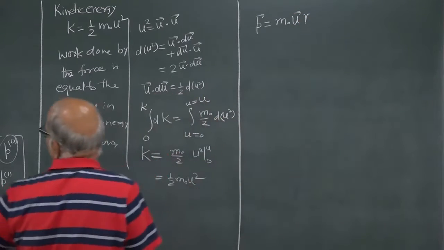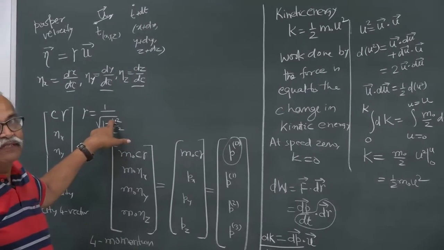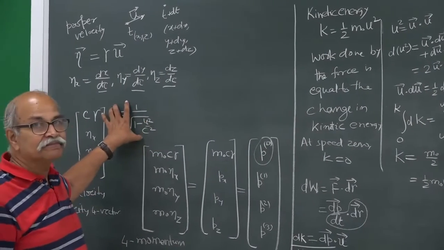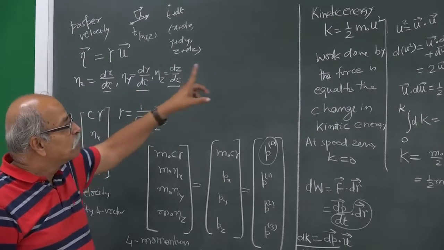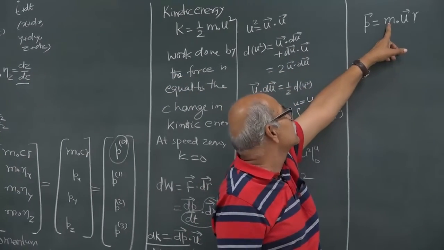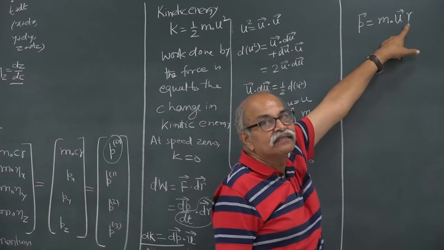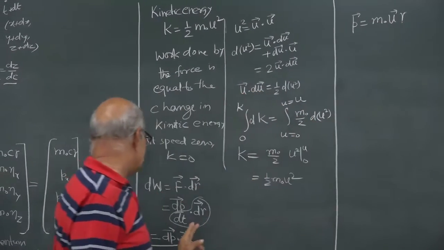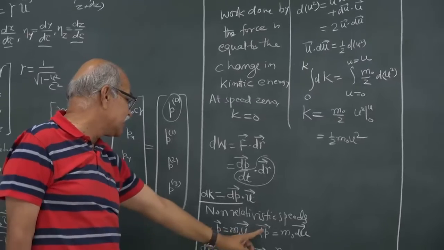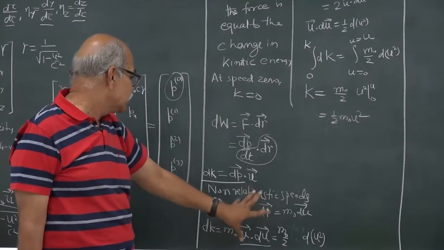Remember, this gamma is the same gamma, this gamma u, particle speed is u, I am using that u to write that gamma. So, momentum is defined as m naught, the mass of the particle, times the ordinary velocity, and times that gamma. So, that I should use here. This is the place where I am first time using the fact that I am not talking of non-relativistic speeds.